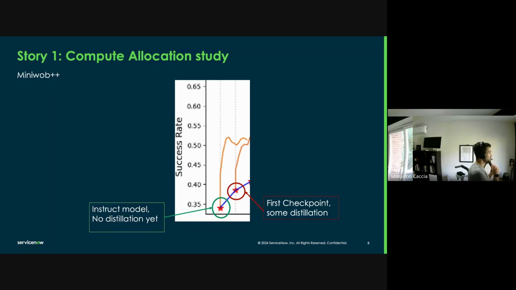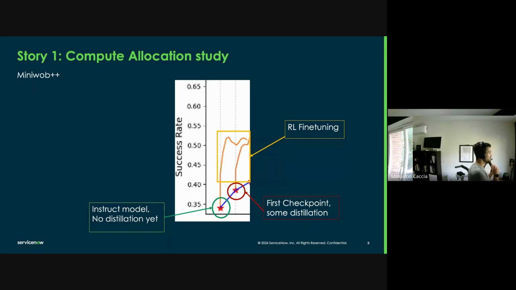Okay, so on the x-axis we have compute, and this compute is taking into account that it took a lot of compute to generate the samples that the model is trained on here. So this model has imitated a bit the expert, and is a bit better now. And then the orange lines mean that we're going to branch off the checkpoints into RL fine-tuning.